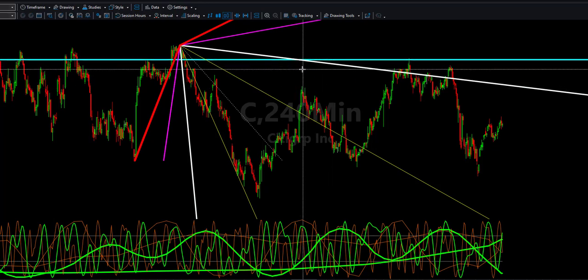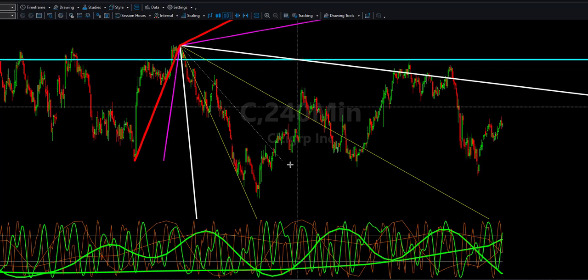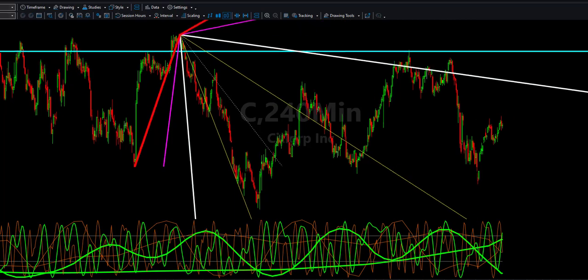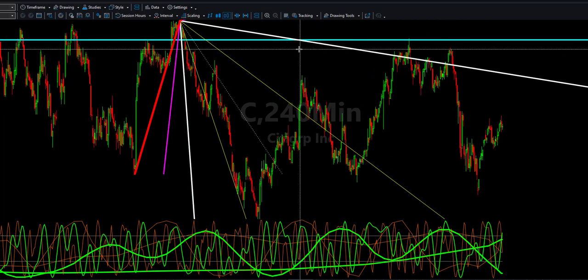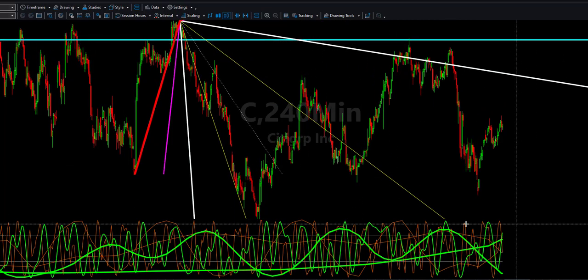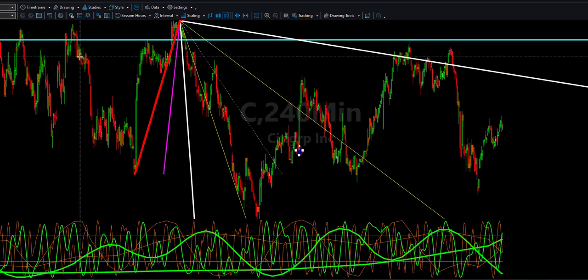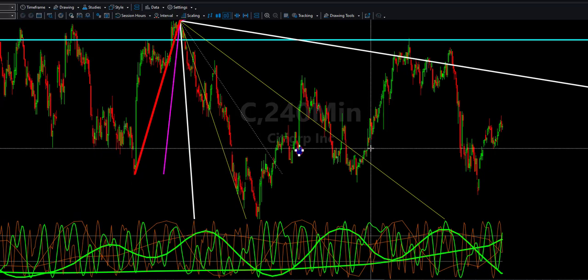All right. The first one comes here. We have to zoom it a little bit. Okay, so we got this low here. Where else did it intersect?